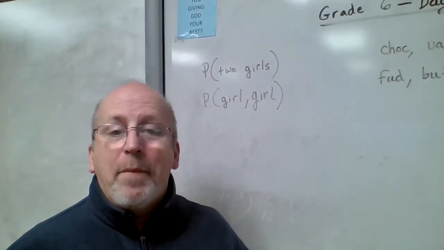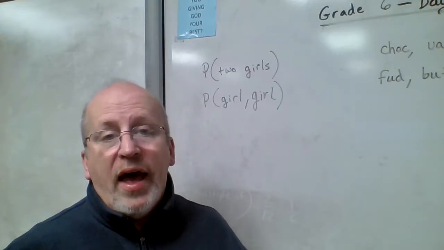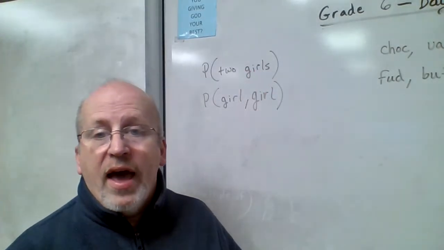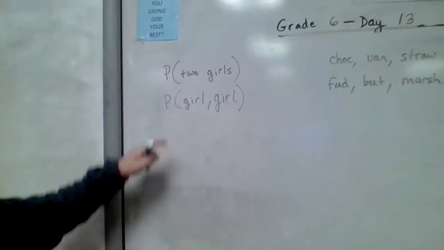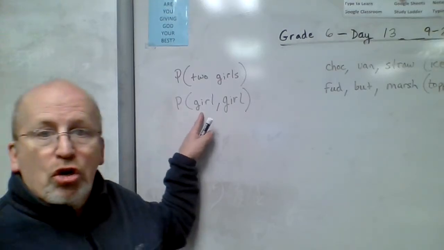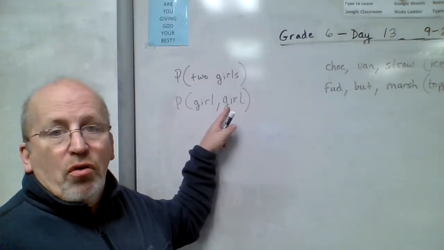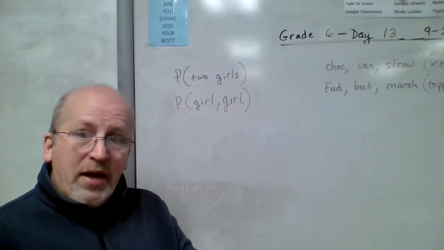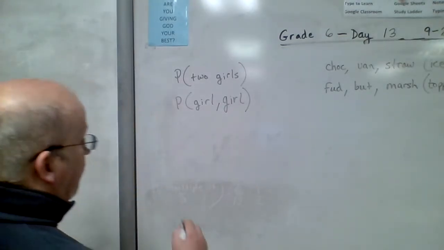What is the probability that they will have 2 girls? Or another way to say this is, what's the probability of getting a girl the first time and then a girl the second time? We're going to solve this first by creating a tree diagram.